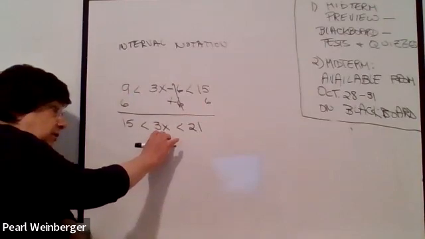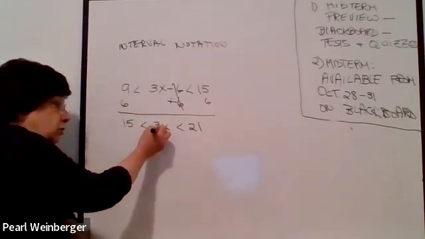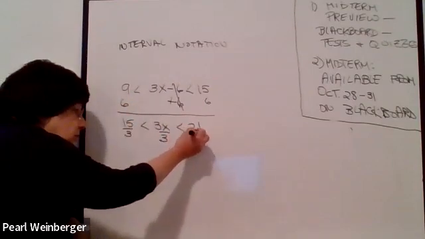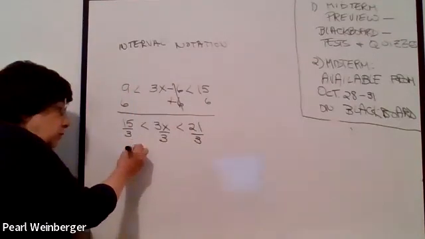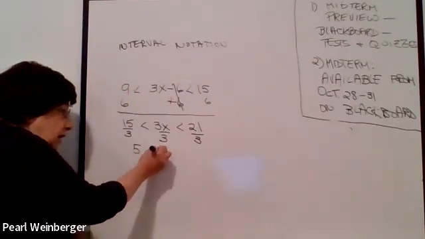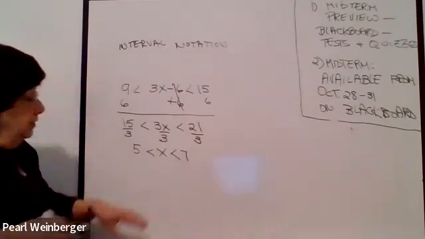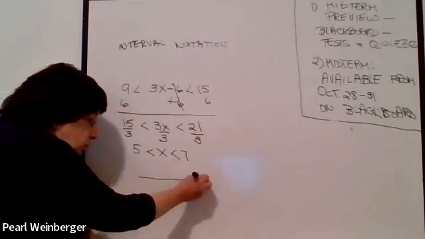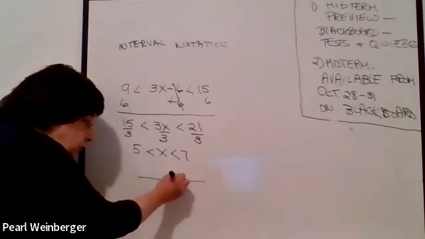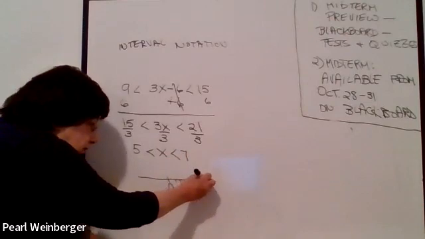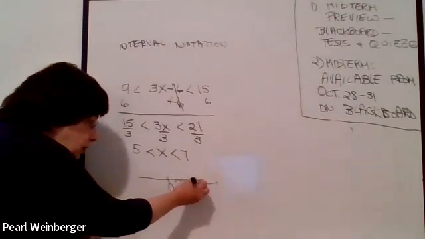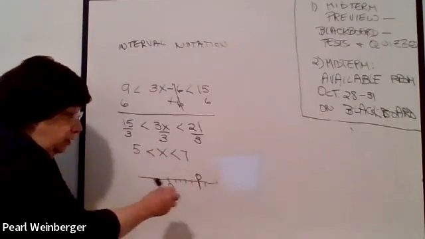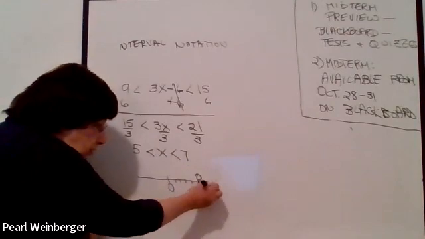Then again, you go back to the middle. You want to get the x alone, so you're going to have to divide by 3. So at either end, you're going to divide by 3, which will give you 5 less than x less than 7. This is your answer as an inequality. On the number line, here's your number line. Here's 5, and 7. There's an open circle there because it's just a less than.